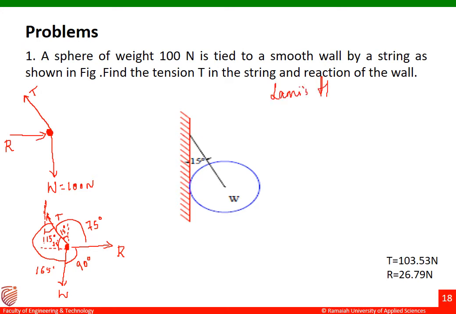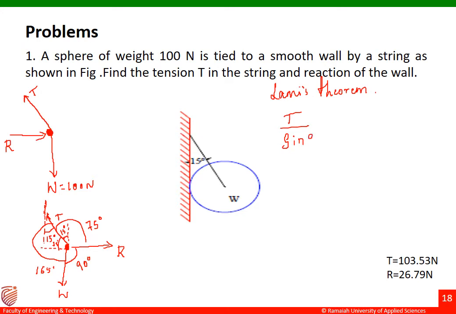Now we have three forces, and we have the angle between the two forces. We'll apply Lami's theorem now. Lami's theorem states that each force is directly proportional to the sine of the angle between the other two forces.